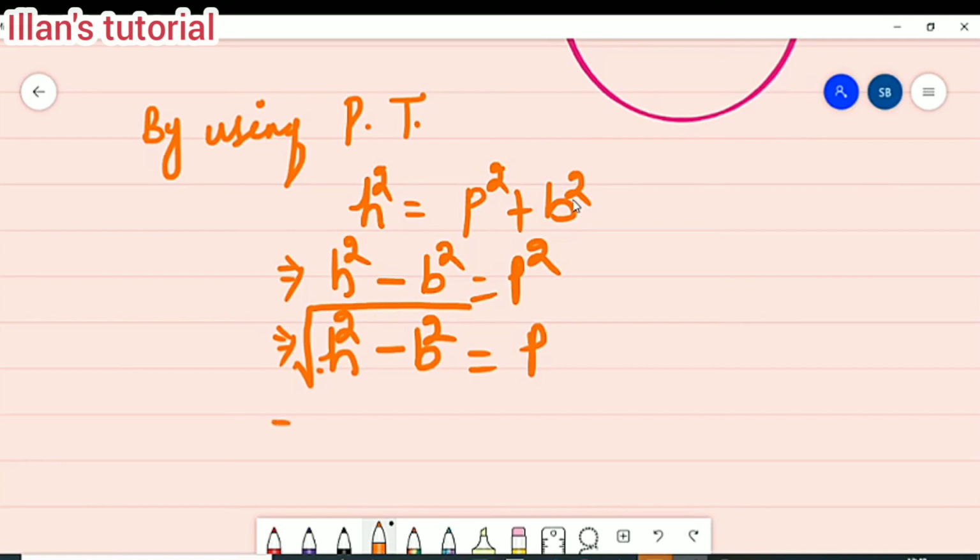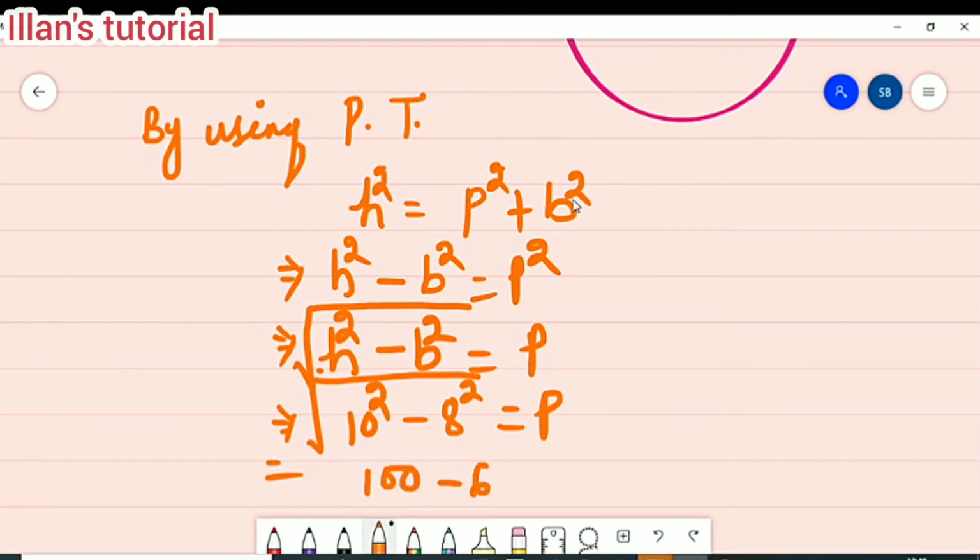Here we have 10 centimeter square minus base 8 centimeter square equals p square. So here 100 minus 64.